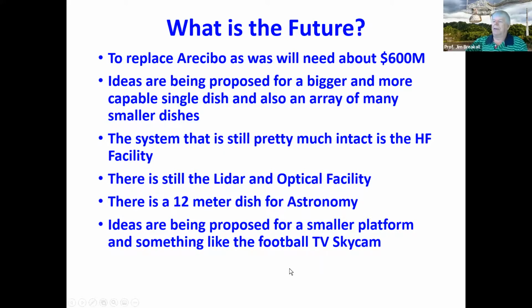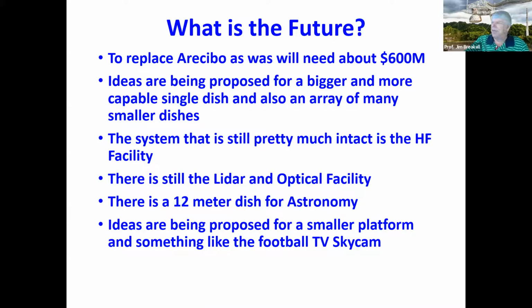Another idea, and I don't have a picture of it, unfortunately, I should have put that in there, is if you've ever seen a modern sports stadium, they'll have a camera that's supported on cables, and they can move the camera around the field. It's called a Skycam, TV Skycam. And we've been talking to that company that makes the Skycam, and they use it extensively on our football games here in the US.